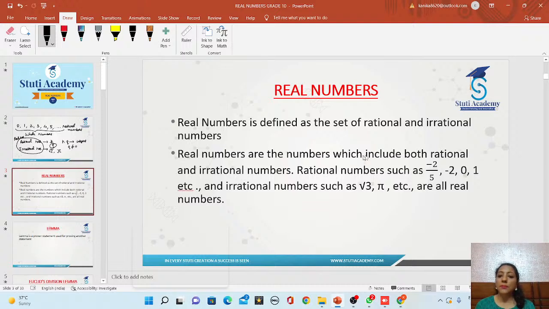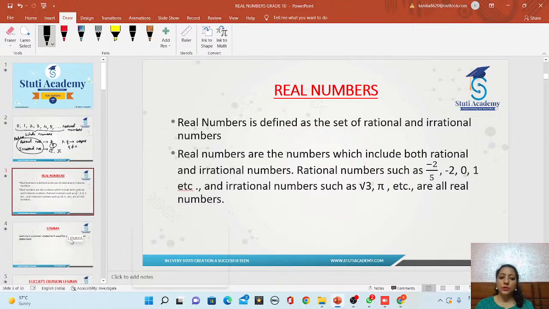They include both. For example, we have minus 2 by 5, minus 2, 0, 1 and so on, which can be written in p by q form, and irrational numbers like square root of 3, pi, etc. Square root of 2 and square root of 3 are irrational. In fact, the square root of any prime number is irrational. All these we are going to study in detail in grade 10.